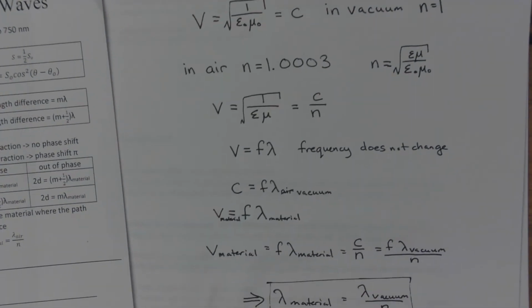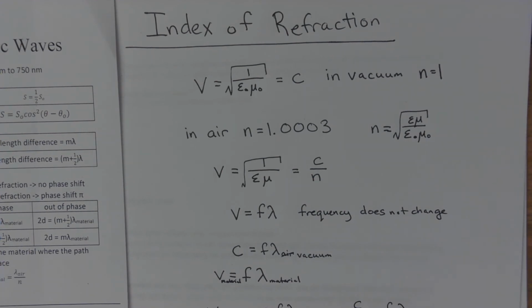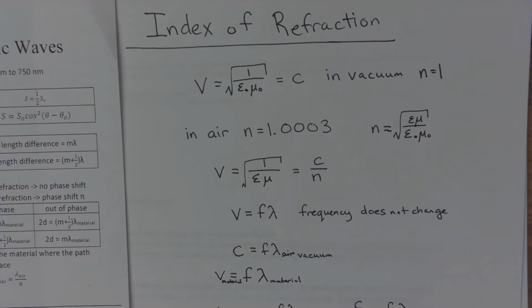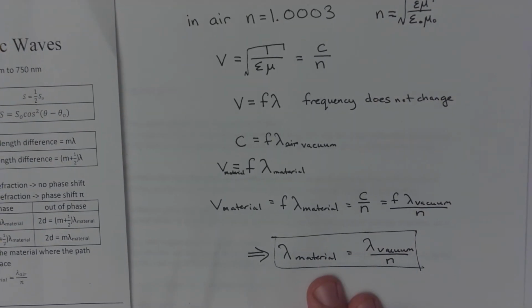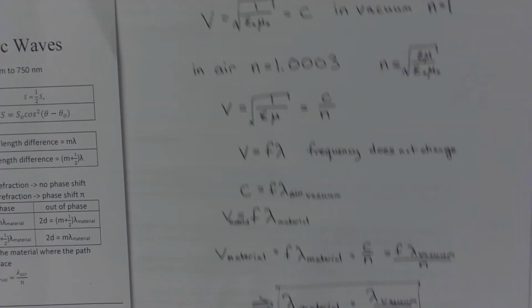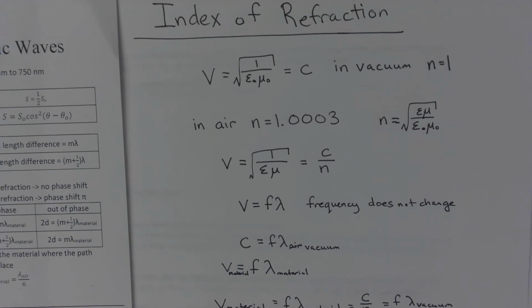In this course it doesn't really matter because 1.0003 is close enough to 1 that we aren't going to worry about it. Okay, so we're going to use this equation in this class, and that's really all we need to take away from the index of refraction.